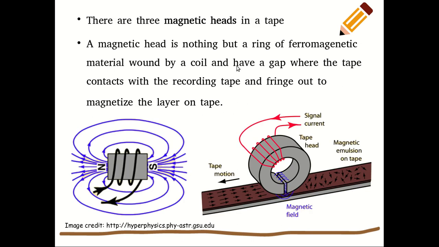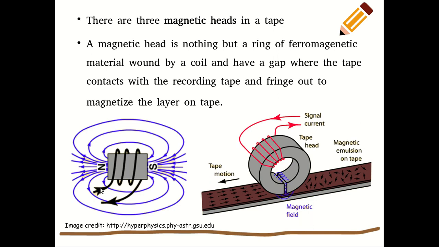Now we come to the magnetic heads. When we read about the magnetic head in a book, we find that it is something very complicated. But the concept of the magnetic head is very simple. The main concept behind it is that when a current flows through a coil, a magnetic field is generated.